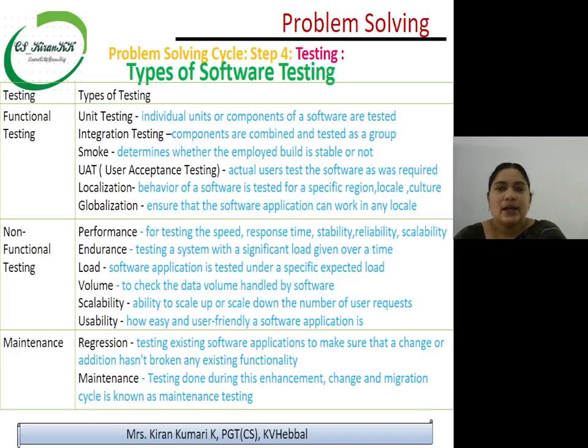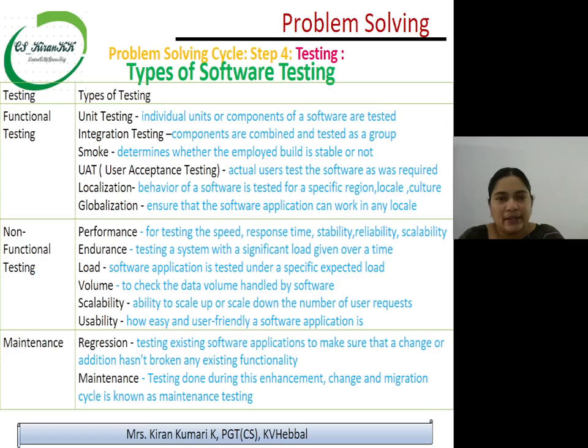Load test is under a specific expected load. Volume test is the data volume handled by the software, how big the data is that this program can handle. Scalability is scaling up or down based on the number of user requests. Usability is how easy and user friendly a software application is.